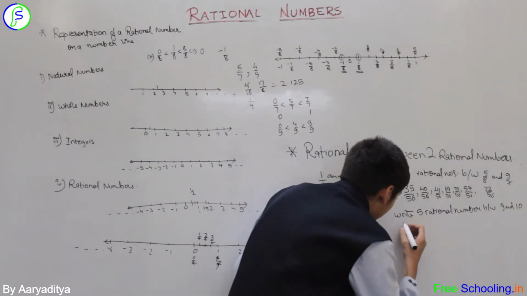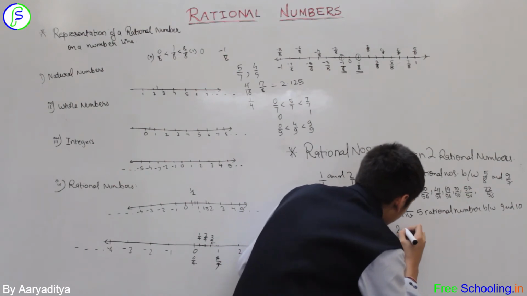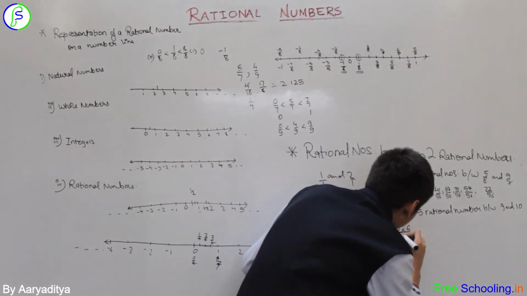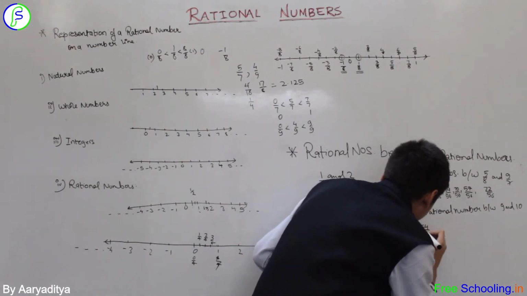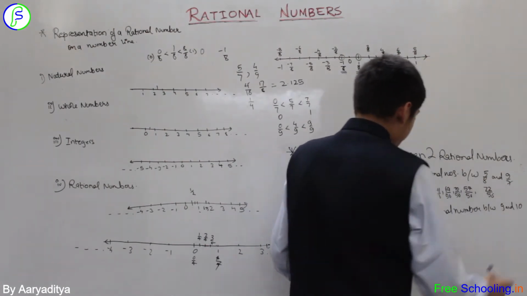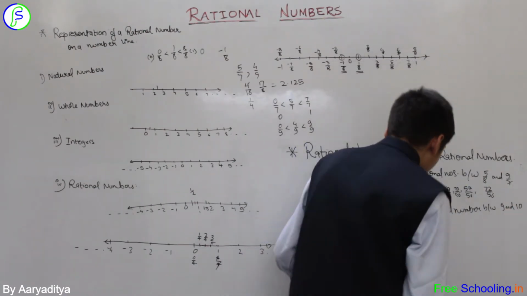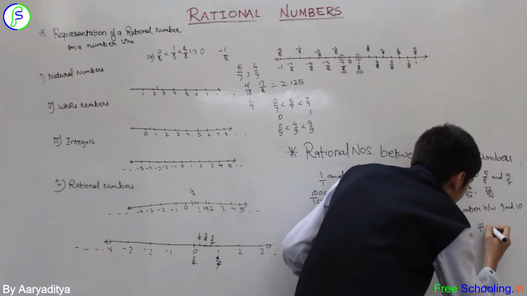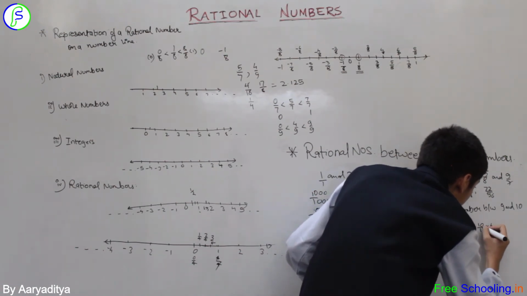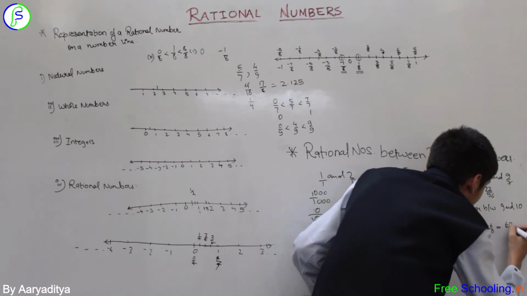Suppose I have been given 9 and 10, so I will be multiplying 9 by 6 and the denominator by 6 too. That will give me 54 by 6. And if I do the same with the 10, I will be having 10 upon 1 into 6 upon 6. That will give me 60 upon 6.